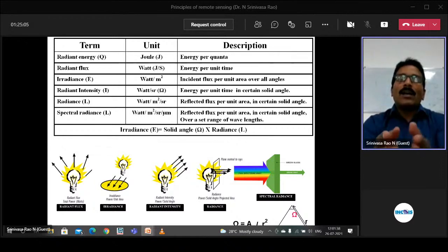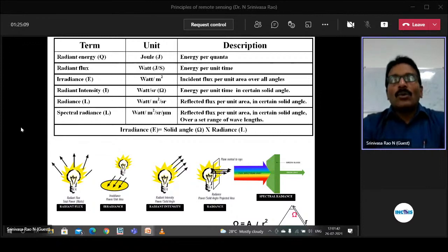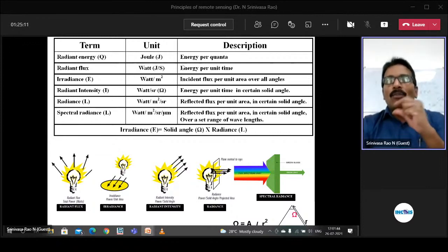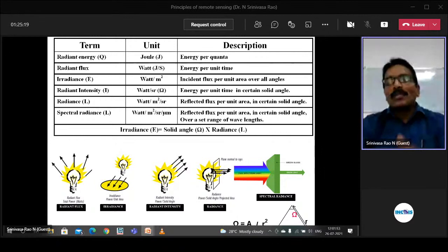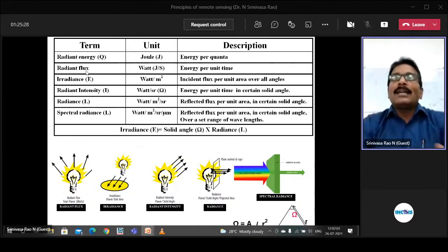For example, within 1 second, 20 packets leaving the target is 20 watts. Within 1 second, 100 packets crossing is 100 watts. That is radiant flux, energy per unit time.